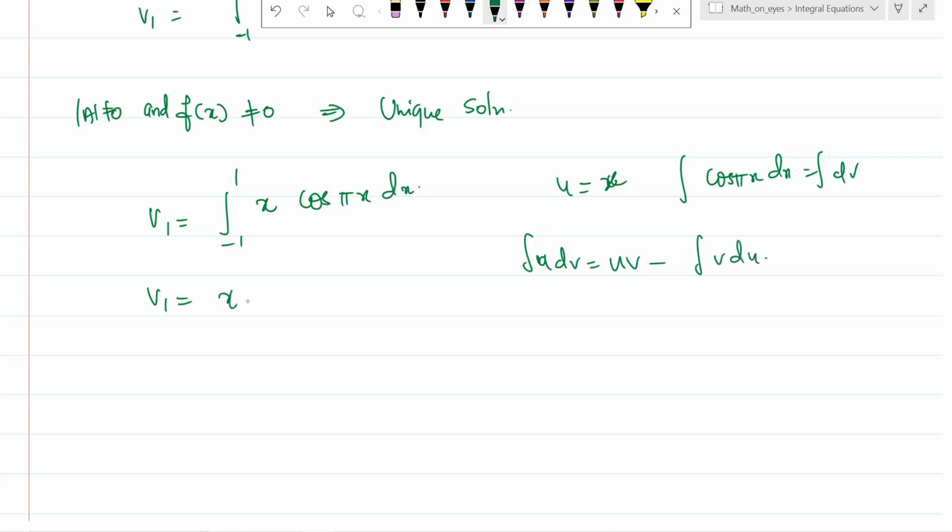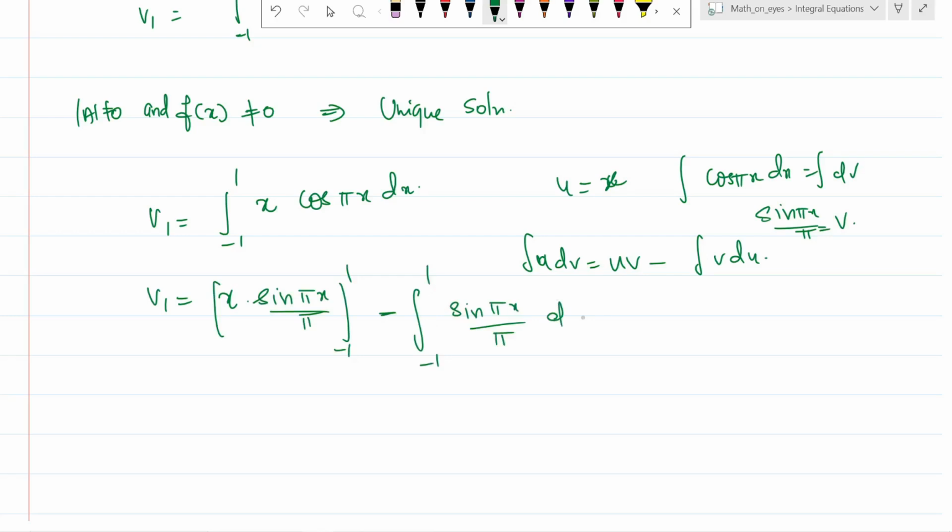Here v will be sin pi x by pi. So we get x times sin pi x divided by pi, applying the lower and the upper limit, minus integral of v, which is sin pi x by pi, into dx, because du is equal to dx. When you apply the upper limit here, sin pi will become 0, and when you apply the lower limit, sin of minus pi will also become 0.